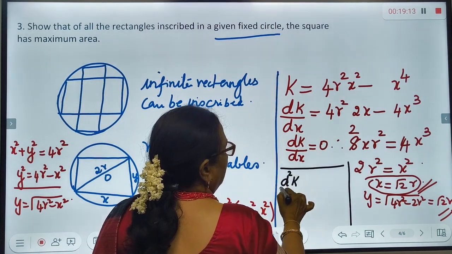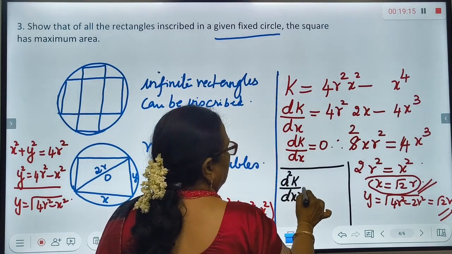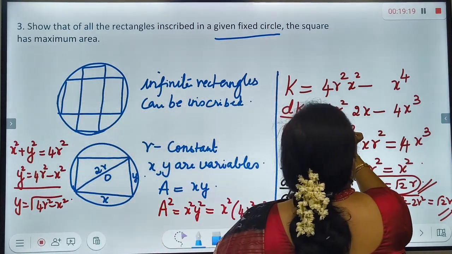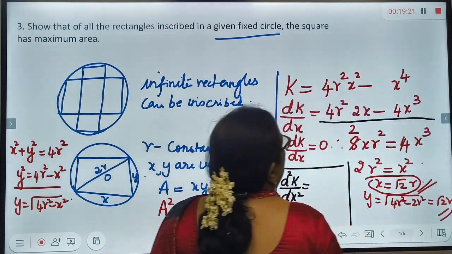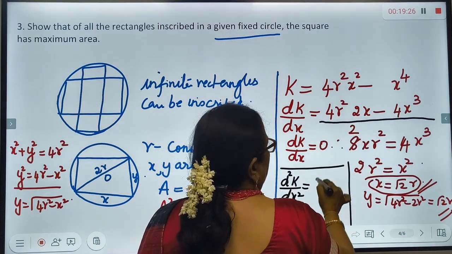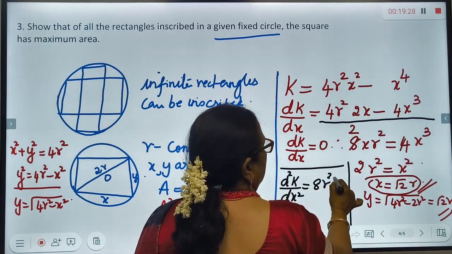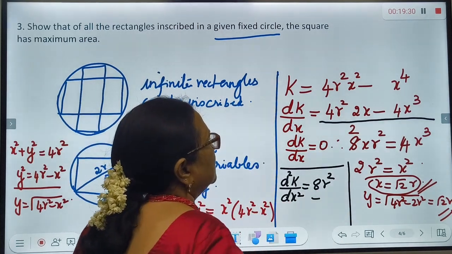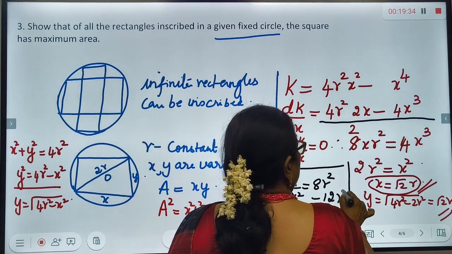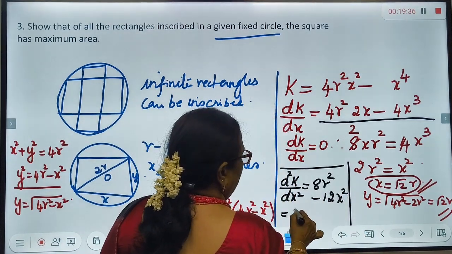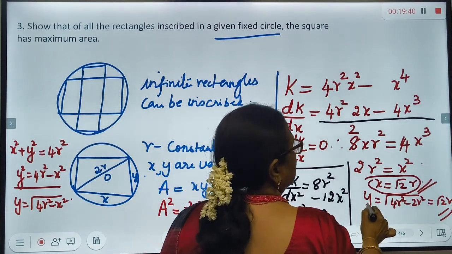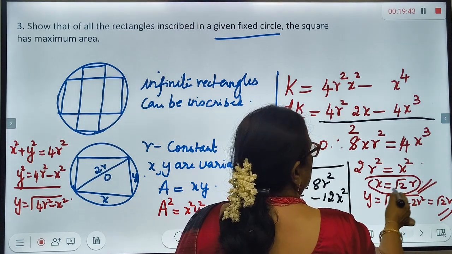d square k by dx square will be equal to, so if I differentiate this, my dk by dx, with respect to x, what will I get? 8r square minus 12x square. This is 8r square minus 12 into, what is x square? x square is 2r square.